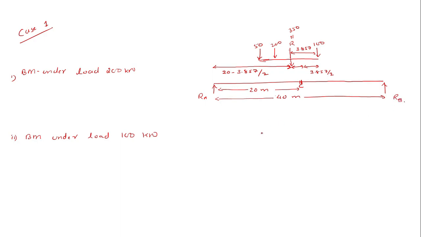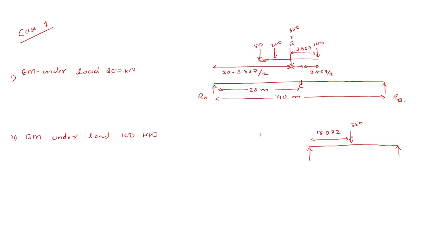I hope you understand the concept of finding RB. If I have a beam like this, you have the resultant R here, that is 350, and on one end you have this distance as 20 minus 3.857 divided by 2, that will be equal to 18.072, and on the other you have some other distance.